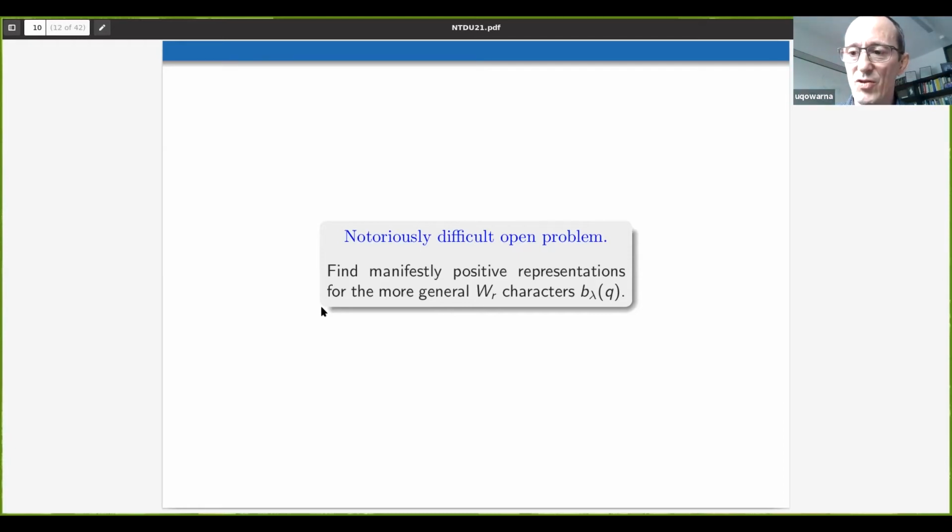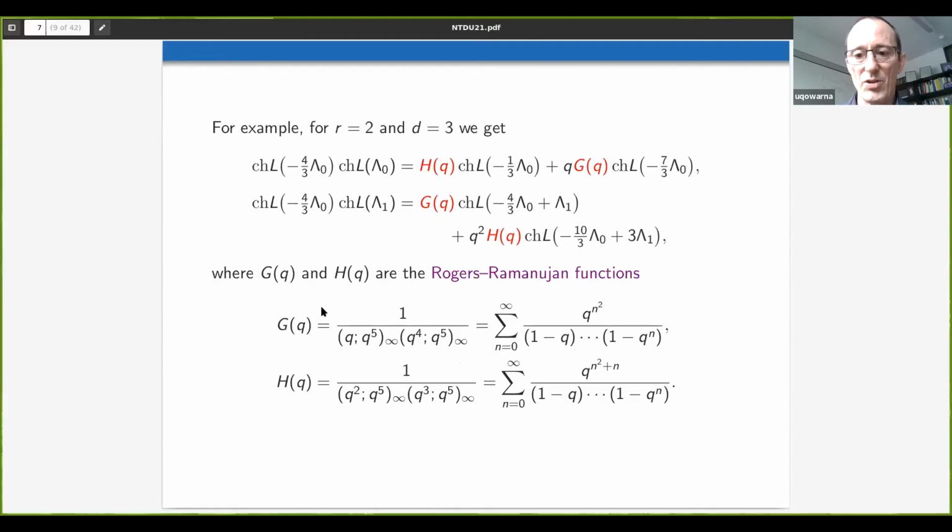So these functions are very nice modular functions. They have a lot of arithmetic information, but we don't really understand them very well from the representation theoretic point of view, because we don't understand the manifestly positive representations for these functions, such as we know in the case of Rogers-Ramanujan.